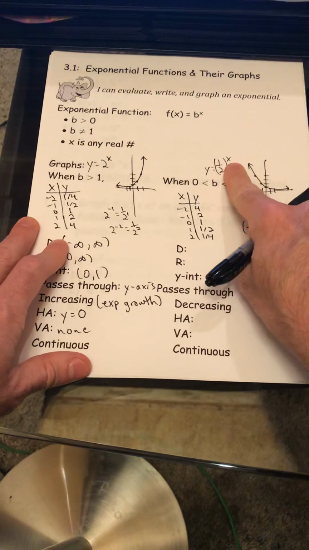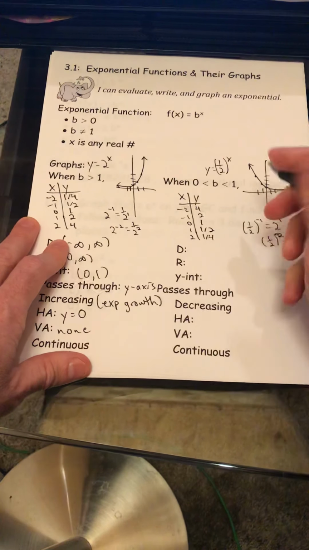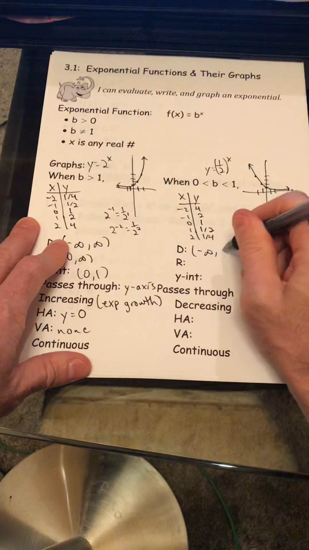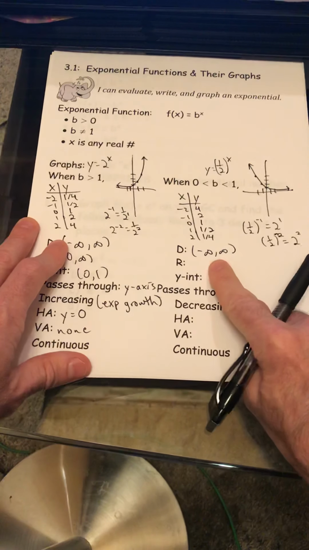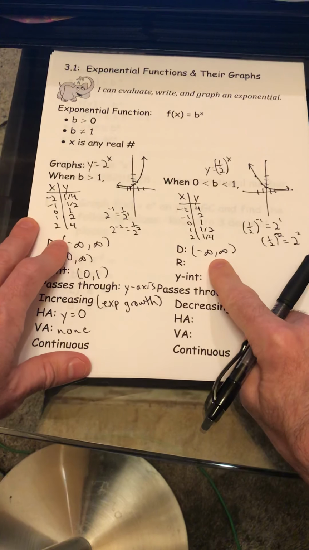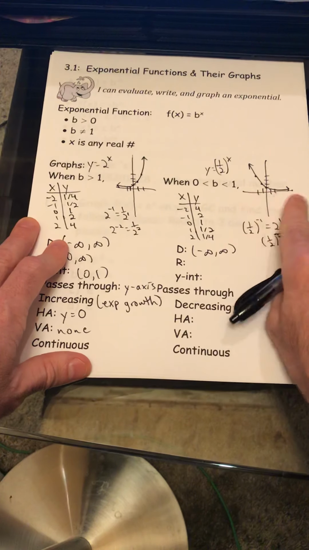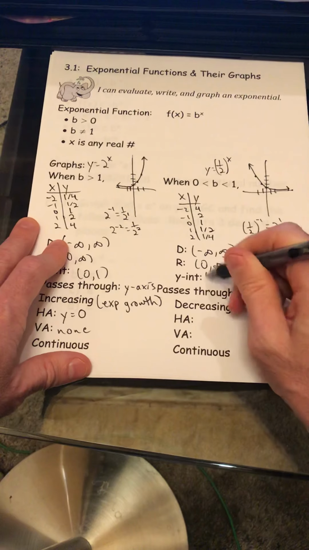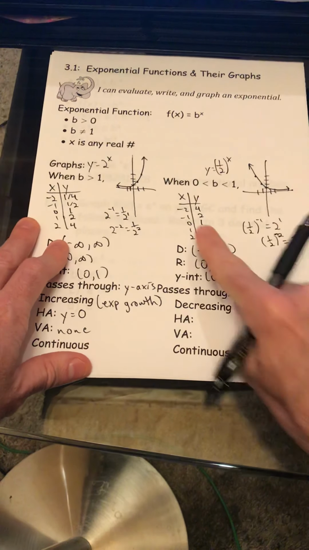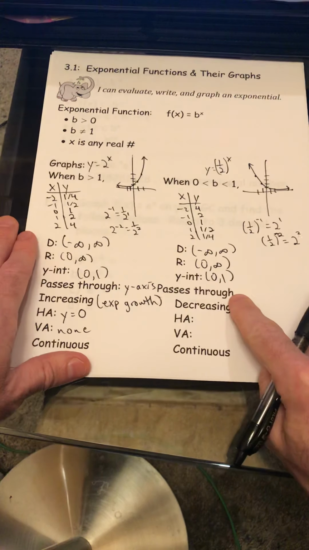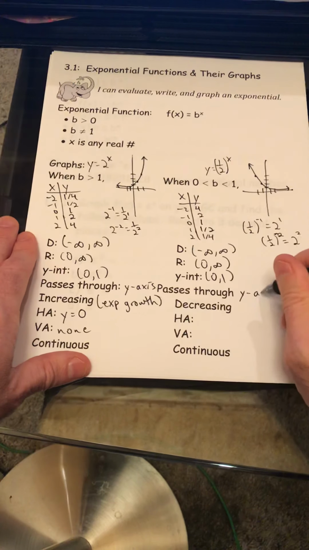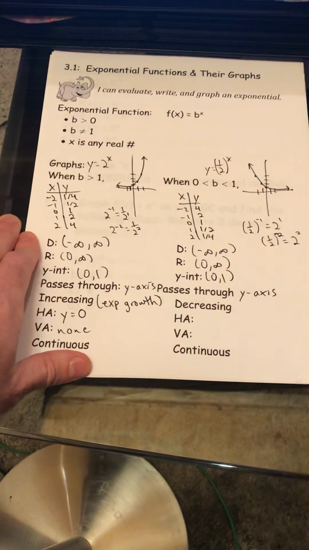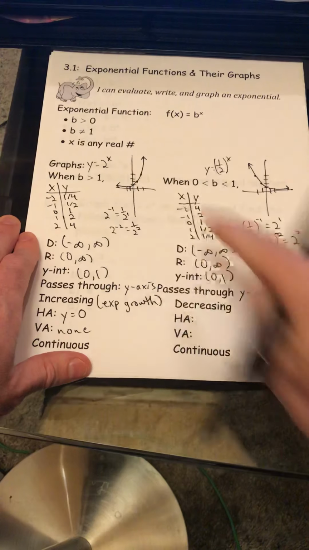Once again, I can plug in bigger and bigger, smaller and smaller values for the exponents, so the domain is just negative to positive infinity. The range, again, doesn't cross over the axis, so 0 to infinity. Y-intercept is still (0, 1), still passes through the y-axis, just like the first one.